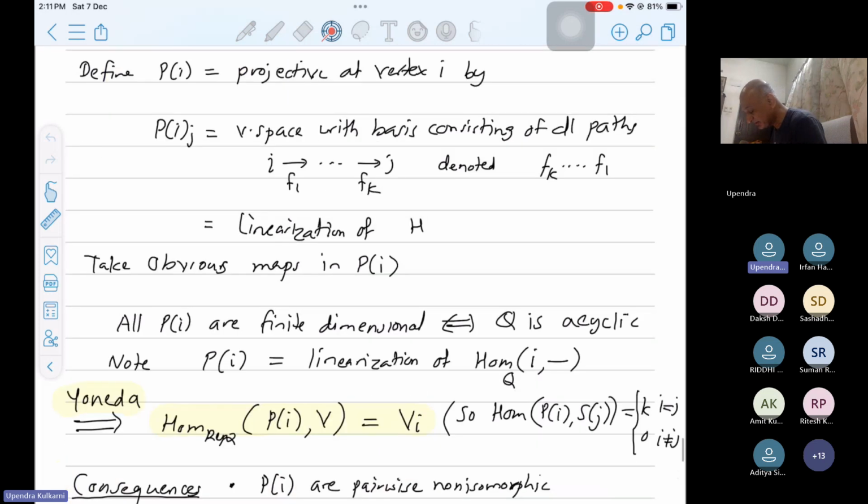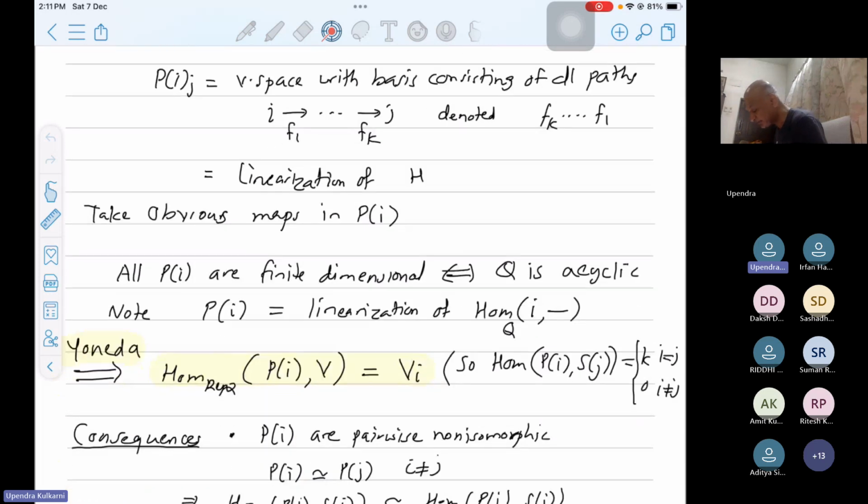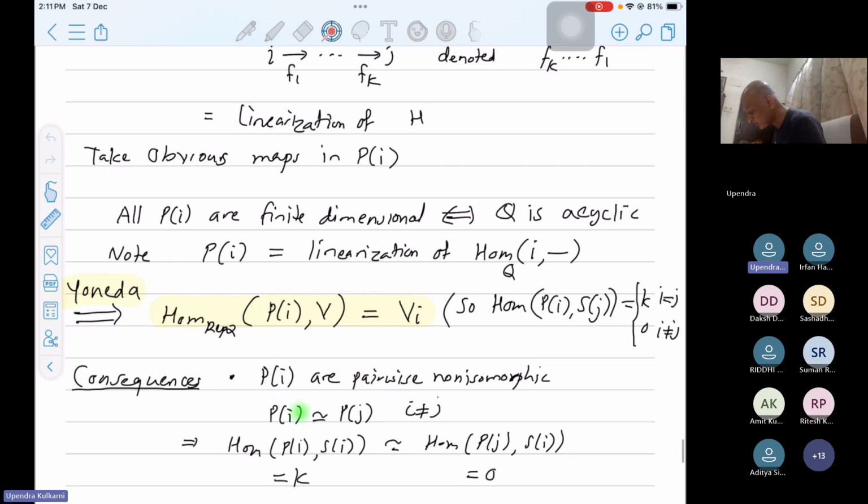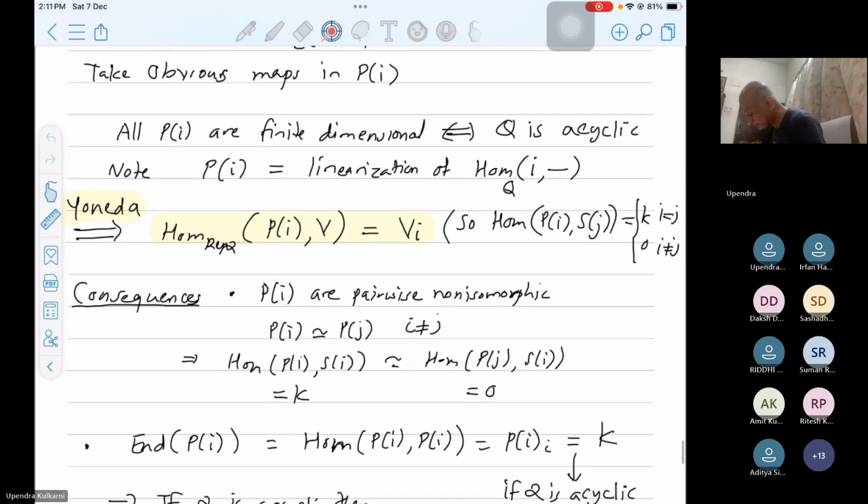All right. And then we saw that the key Yoneda lemma gives us a bunch of things. The morphisms from PI to any representation V is just the vector space of V sitting at I. This tells me that all the PIs are pairwise non-isomorphic, because each one can be detected by means of this VI.